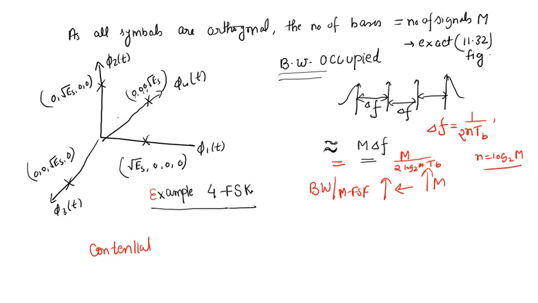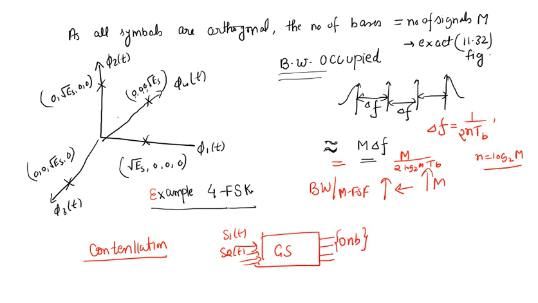So how would you draw the constellation? First you have to provide all the possible signals, and the Gram-Schmidt procedure gives the orthonormal basis, right? Since S1, S2, S3, S4, which we have chosen, are already orthogonal, the phi 1, phi 2, phi 3, phi 4 can be easily derived, and you just have to normalize because they are orthogonal as well as normal.